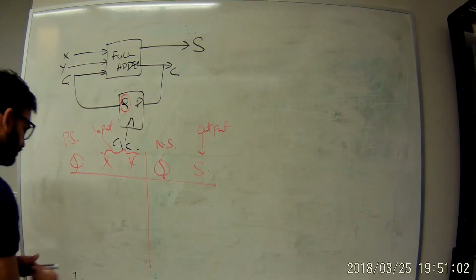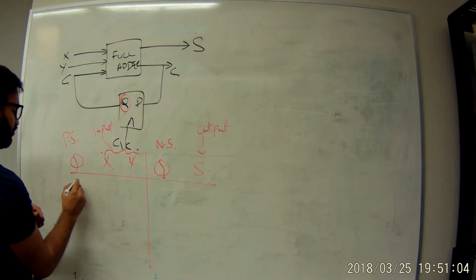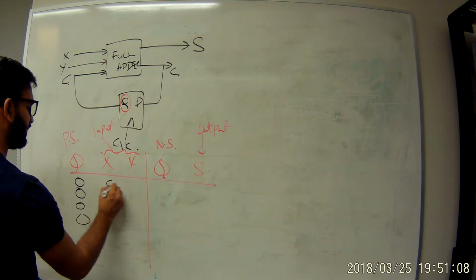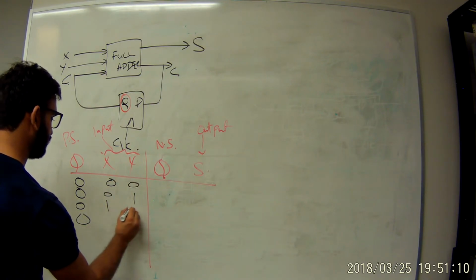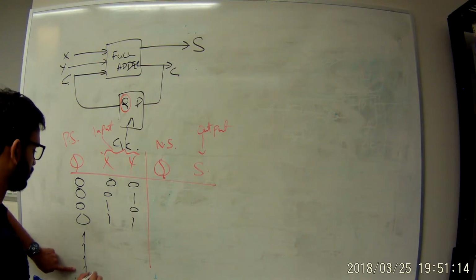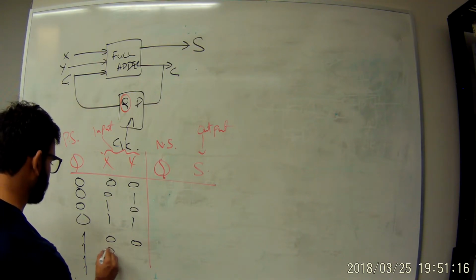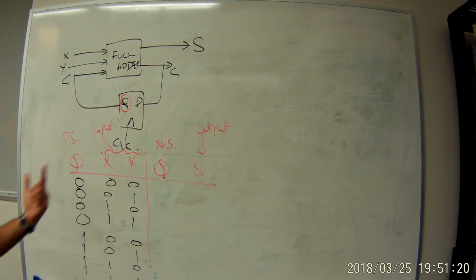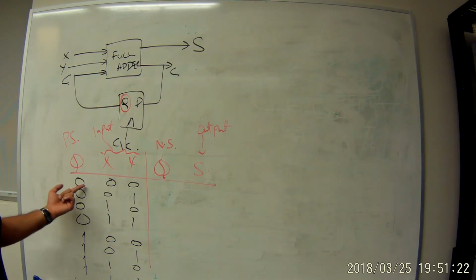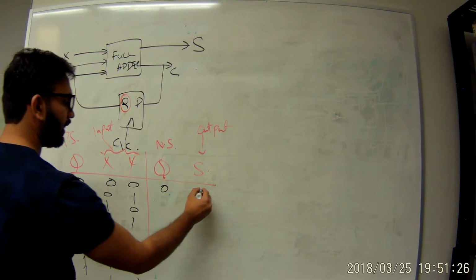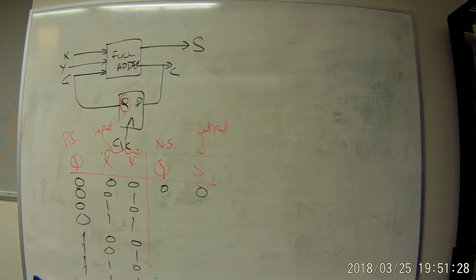This is pretty easy to do because for each previous state, 0 and 1, we have 4 possibilities: 0, 0, 0, 1, 1, 0, and 1, 1. Okay? And we all can add. It's pretty simple. 0 plus 0 plus 0, we get 0 for next carry and 0 for sum.